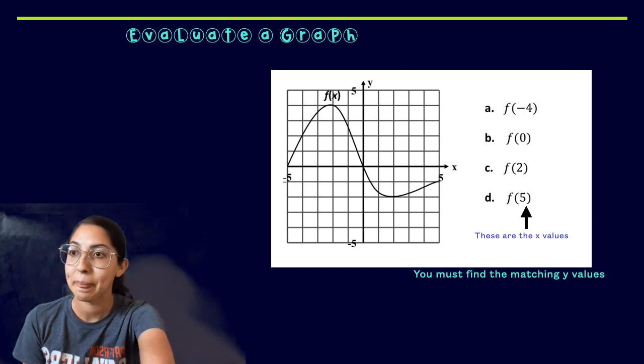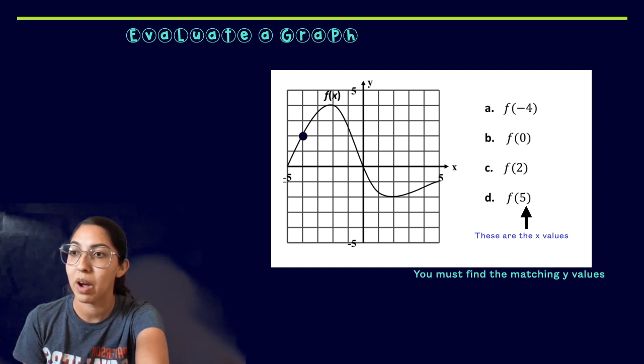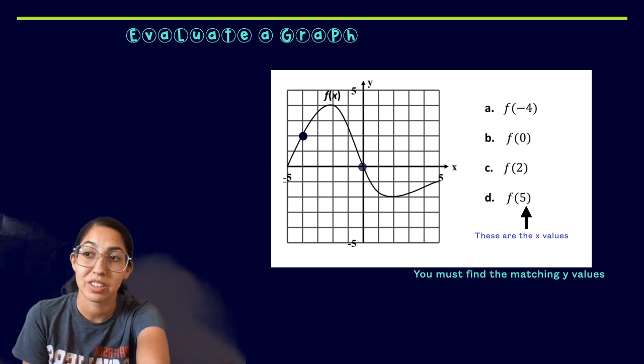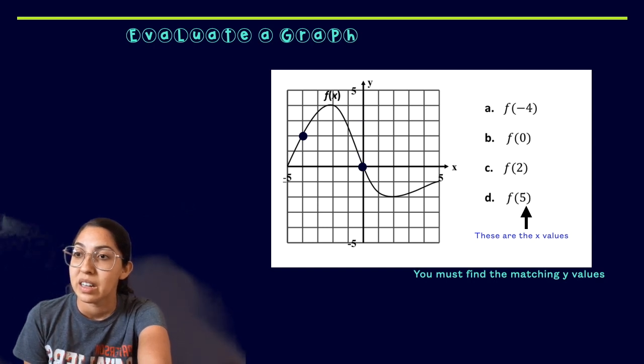First one, we go to negative 4, so our y value is 2. Next one, we're at 0. We're just going to stay there because that's where x is 0. Next, we're looking for f of 2, which is down here, negative 2.